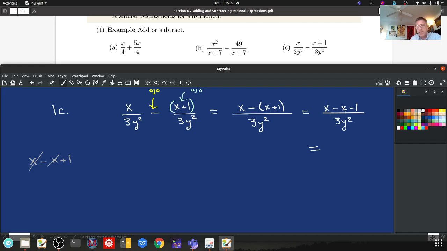So x minus x is 0. So it turns out to be minus 1 over 3y squared. And many times we write that, it doesn't really matter, it's just a choice. We have our division line, and we write the minus right in front of it, and we put 1 over 3y squared.